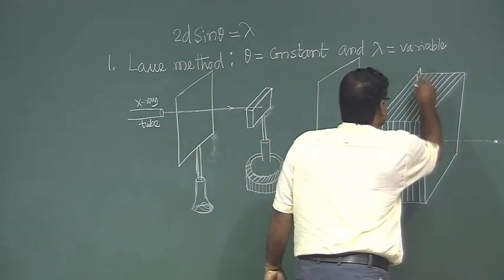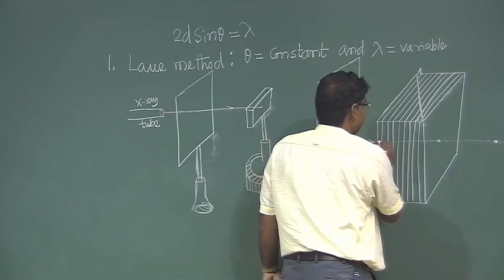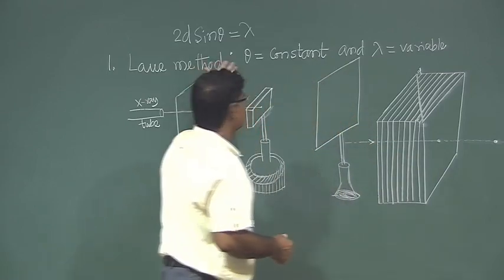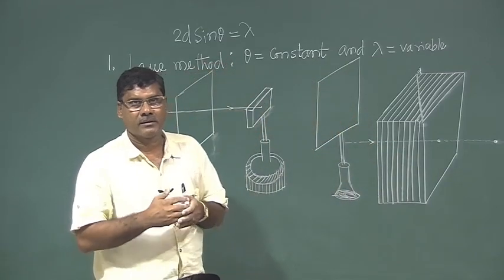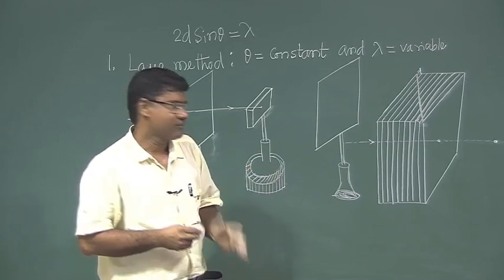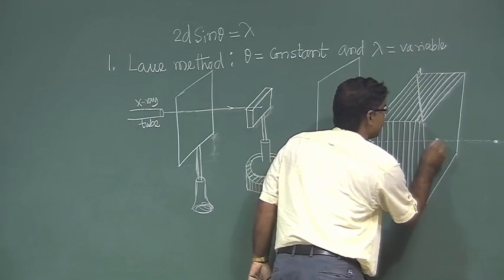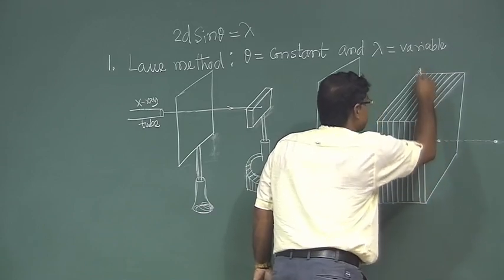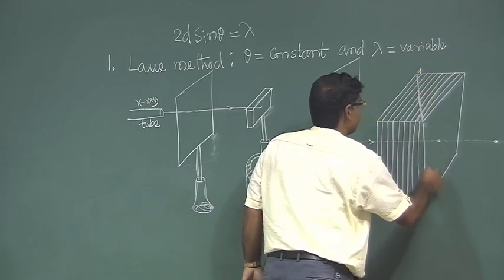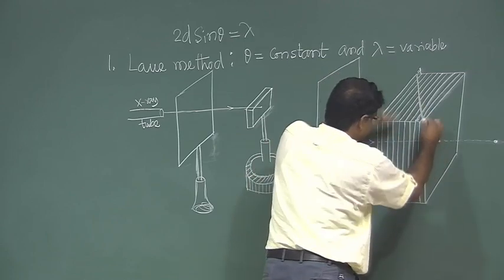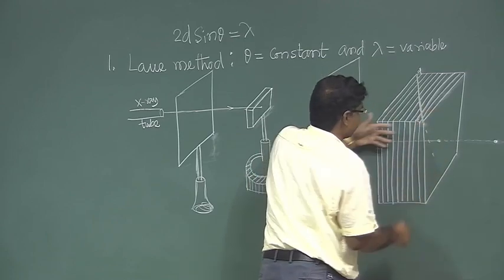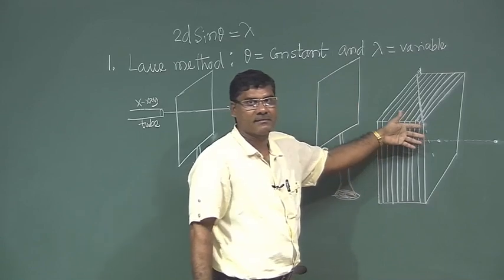So the angle is theta. Then that means the reflection will also be at angle theta. So incident angle with these sets of planes is theta, right.